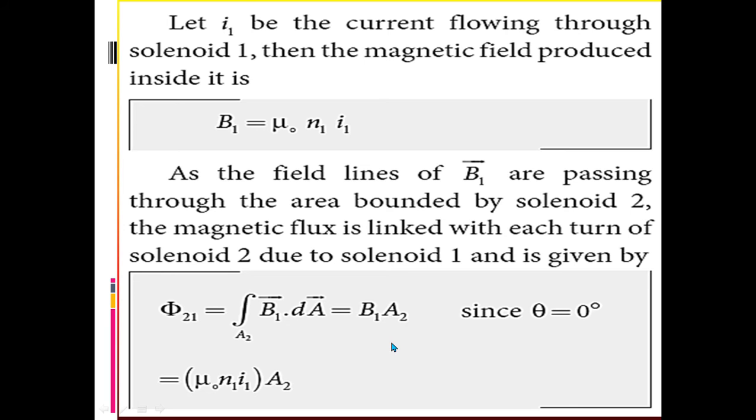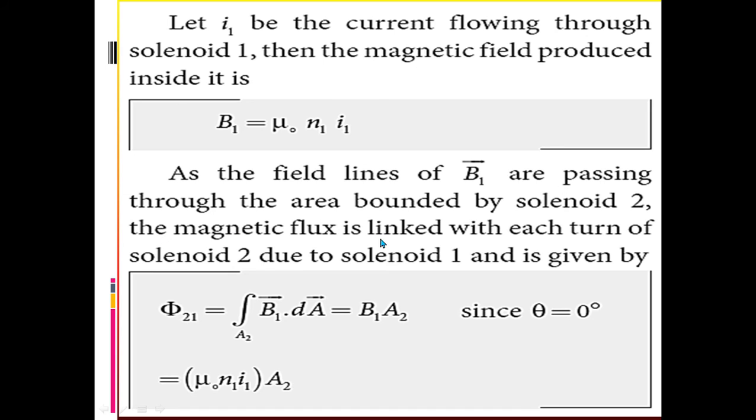Let I1 be the current flowing through solenoid 1. Then the magnetic field produced inside it is B1 equal to mu naught n1 I1.